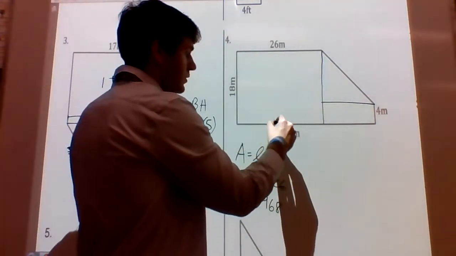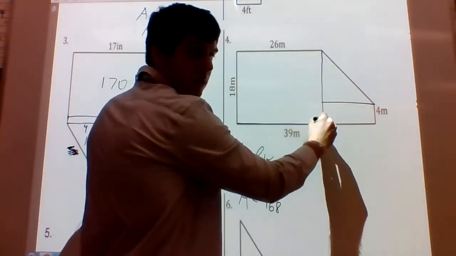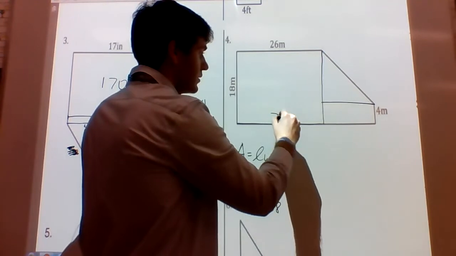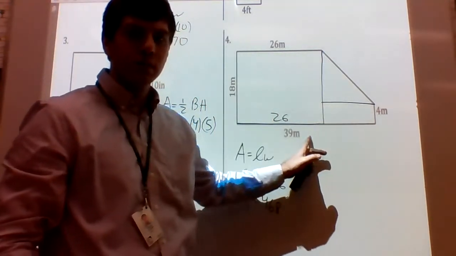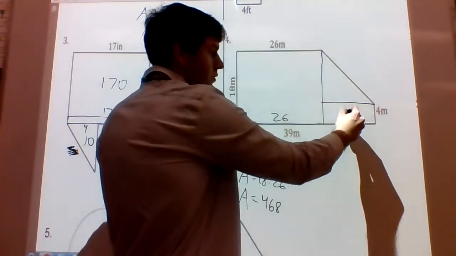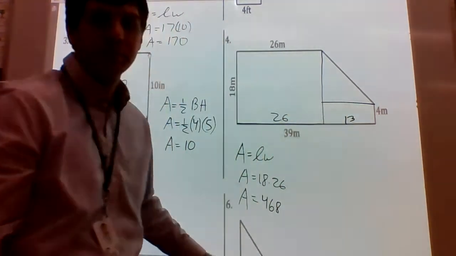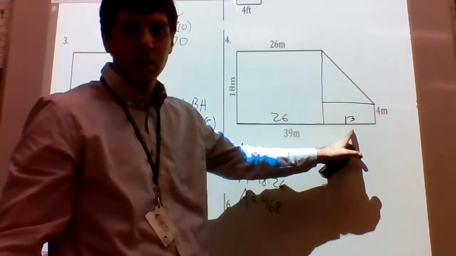We know that this piece right here, this piece I'm highlighting right here, is going to be 26. So what's left? 26 and 13 is what we need to get 39. So 39 minus 26 is going to give us 13. So this rectangle is going to be 4 by 13.